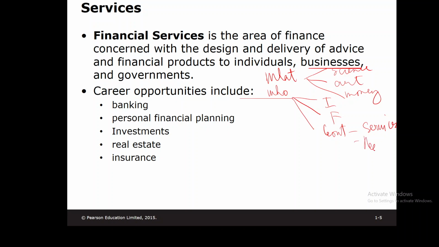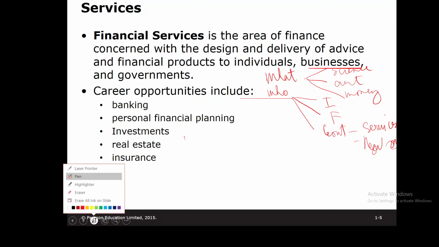They can also be regulators. So, in this particular page, why career opportunities? What will the career opportunity give us? It's the O word.